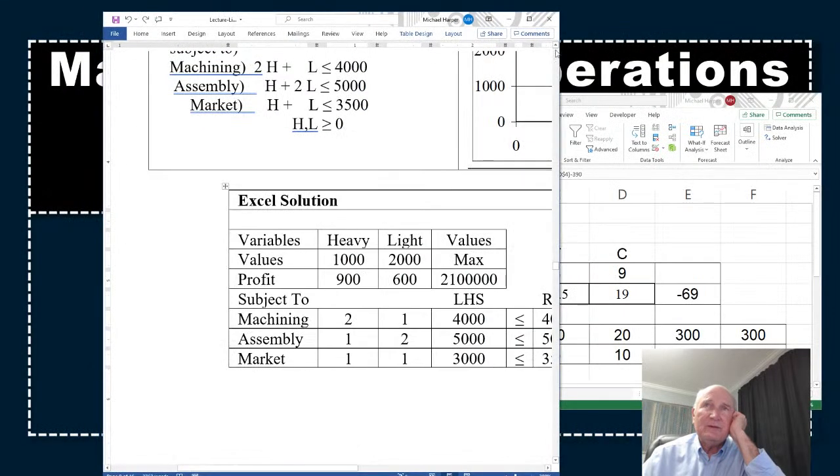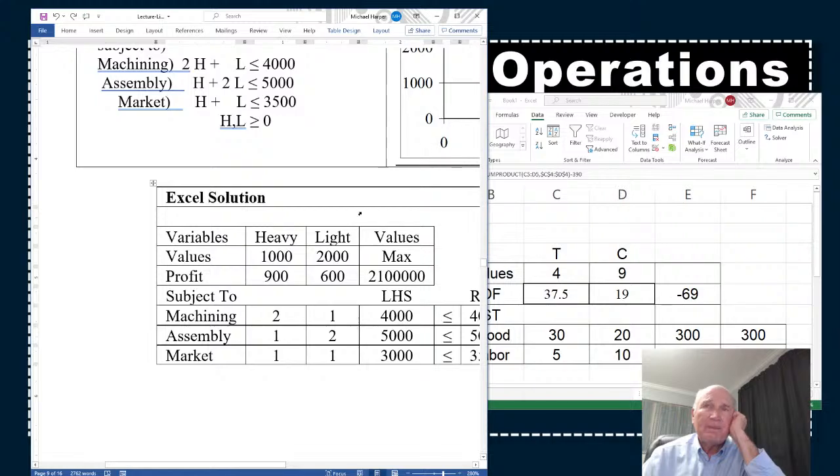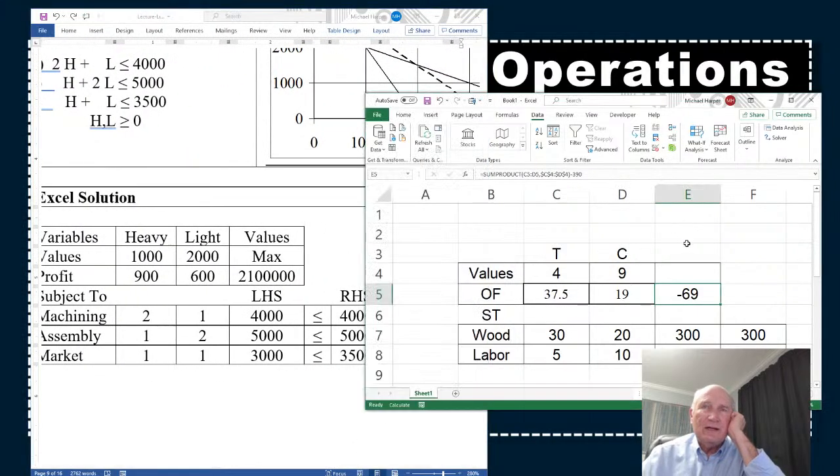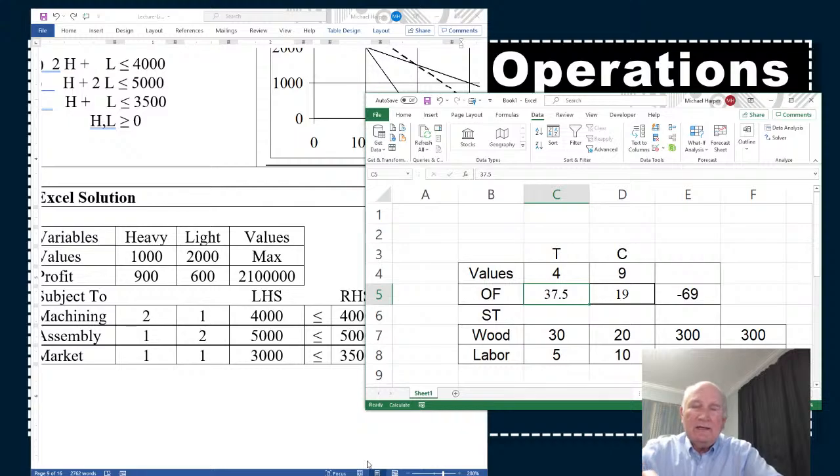But let me minimize this a little bit. Bring this over here. I'm going to put these in here. 900 and then 600. And this is 2, 1, 2, and 1.